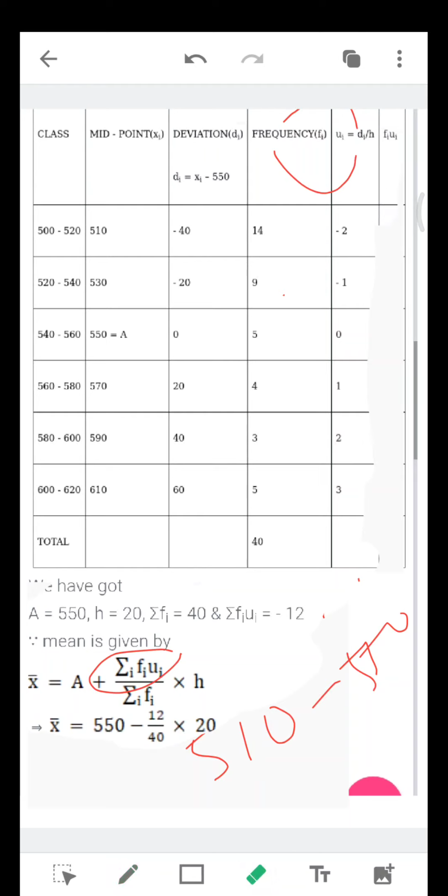So let's multiply fi and ui. 14 2 times is 28, minus 28, then minus 9, then 50 times 0, multiplying fi ui. Okay, then 4 1 is 4, then goes on like this. 4 2 3 2 is 6, 5 3 is 15.